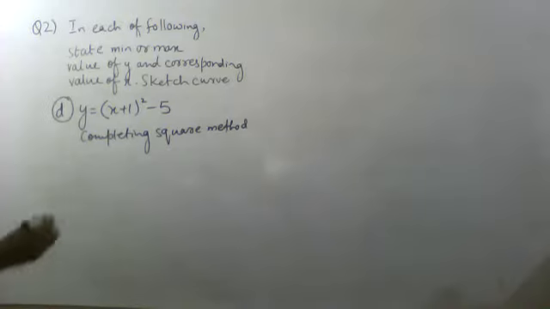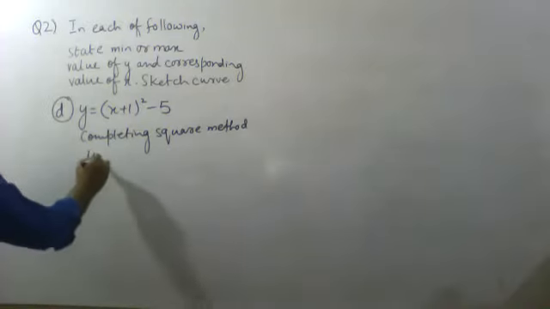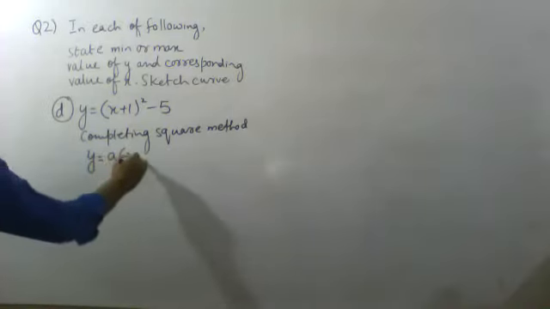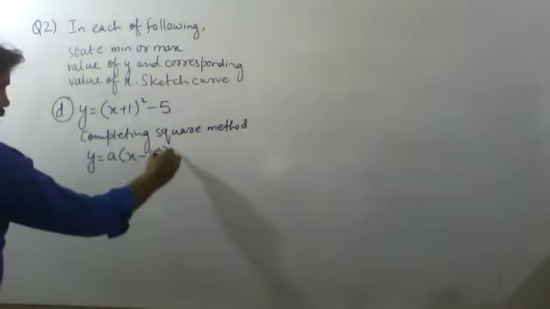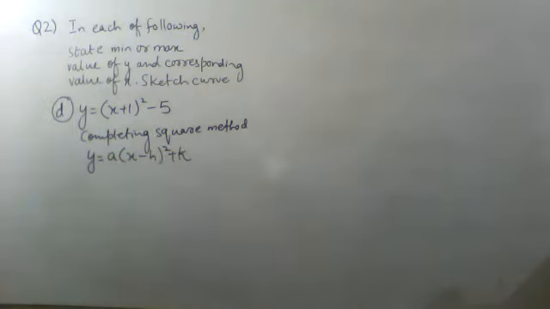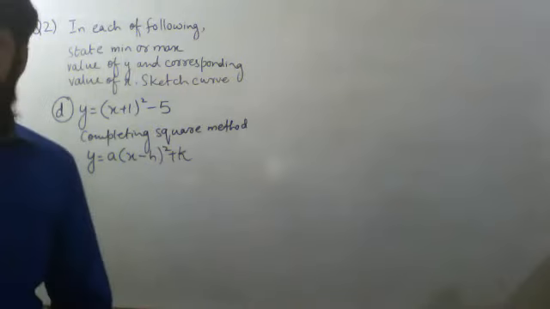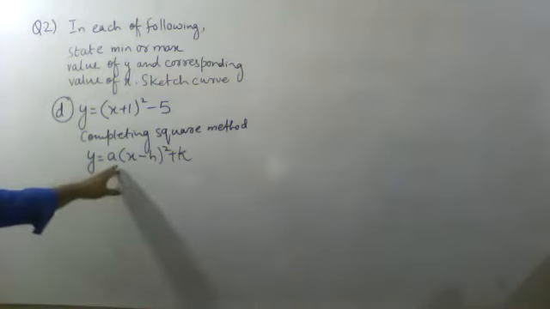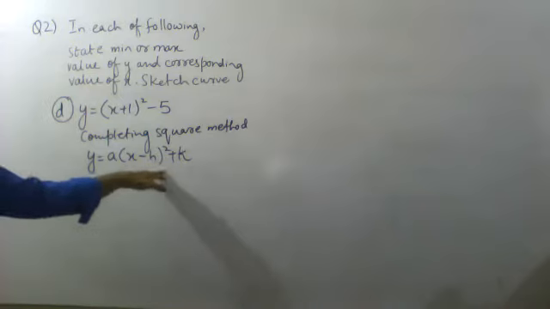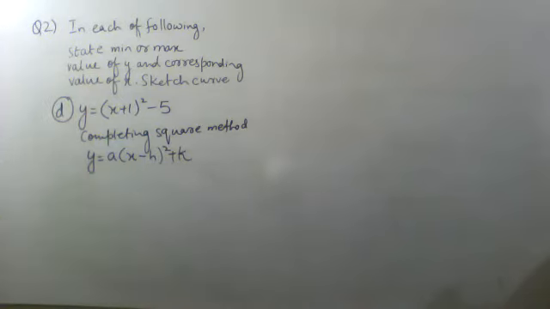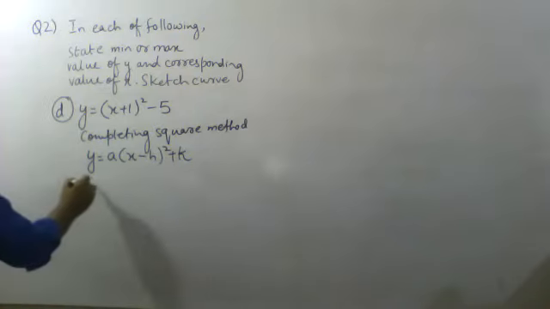Now, my formula for the completing square method is y equals a bracket (x minus h) whole squared plus k. So I will start comparing.